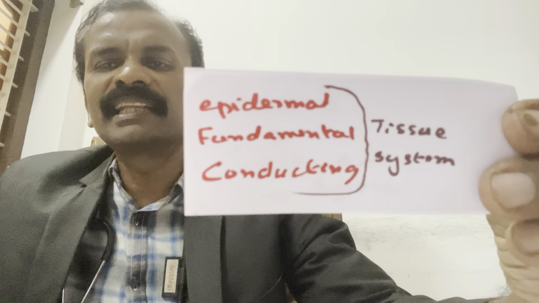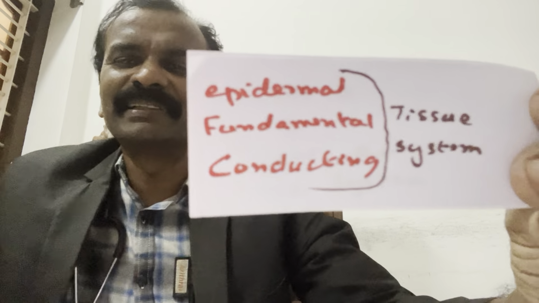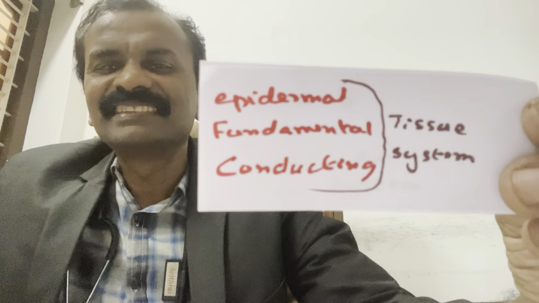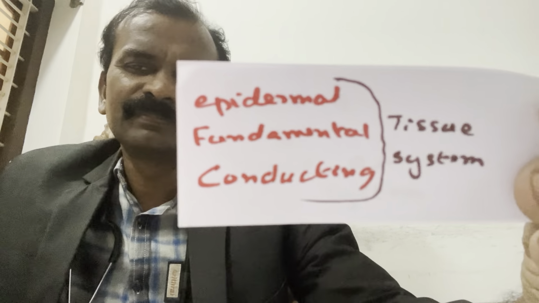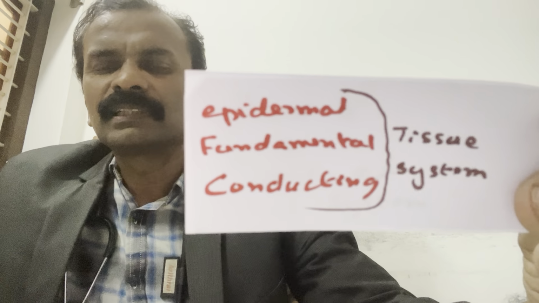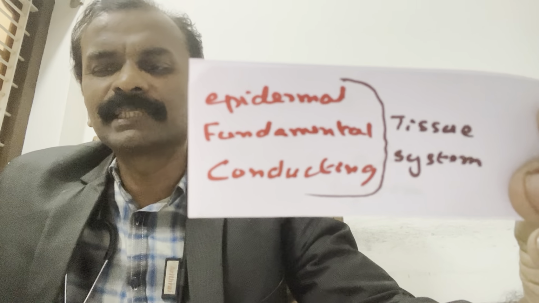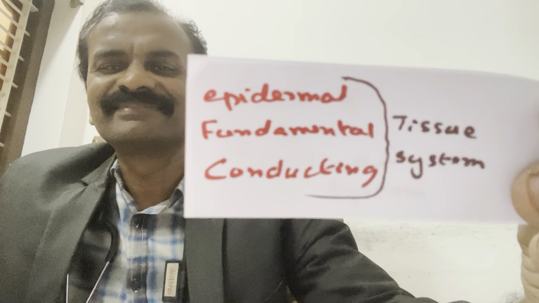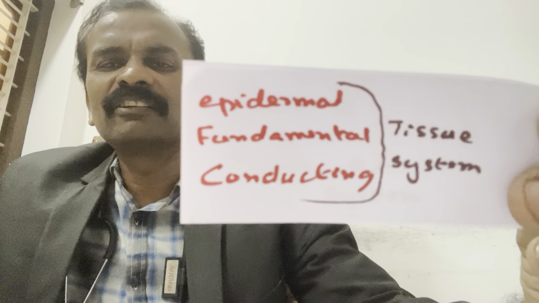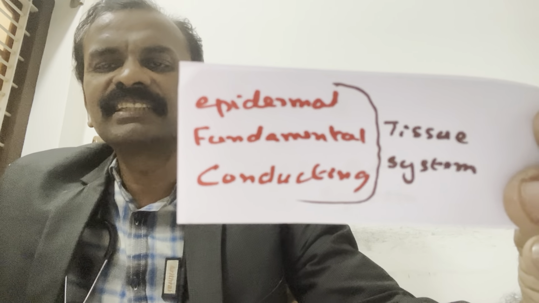Third is conducting tissue system. And they will give one more, which is the wrong statement. These are the three tissue systems: epidermal, fundamental, and conducting.